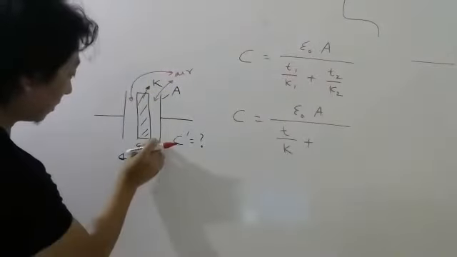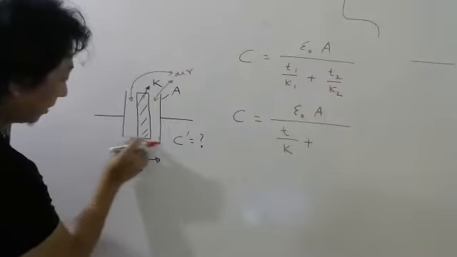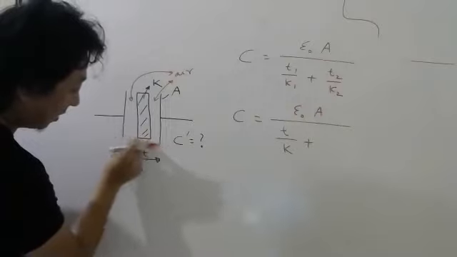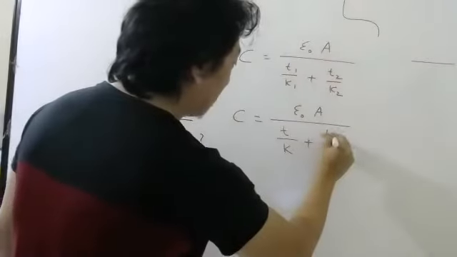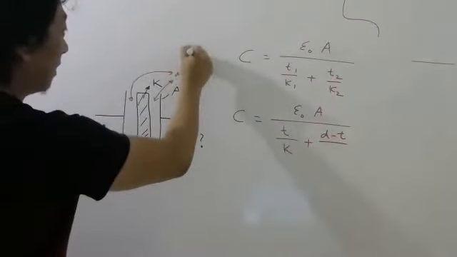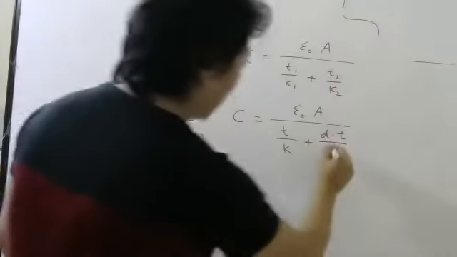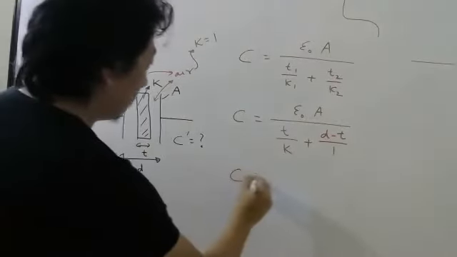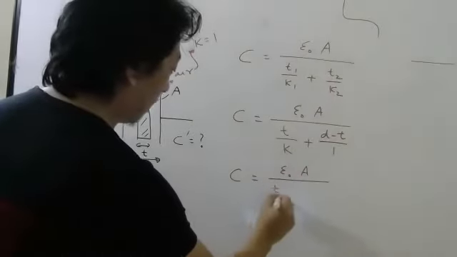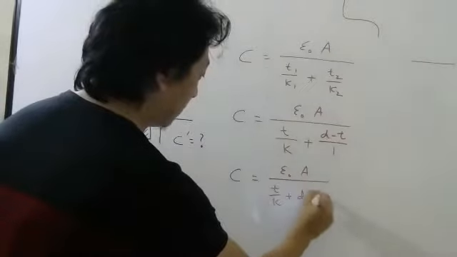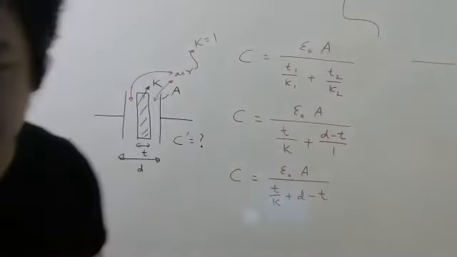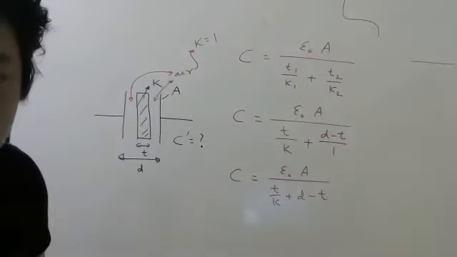Remaining thickness is this and this together, because this is also air. So remaining is D minus T. What medium is here and here? Air. What is the dielectric constant of air? 1. So this will give you epsilon naught A by T by K plus D minus T. Then if you want, you can take T common, otherwise you can keep it here also.